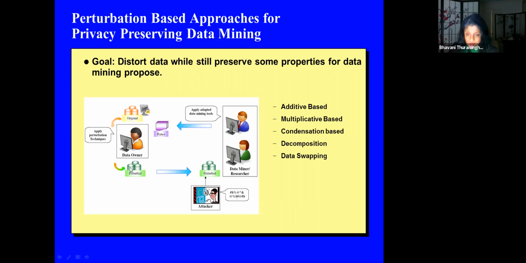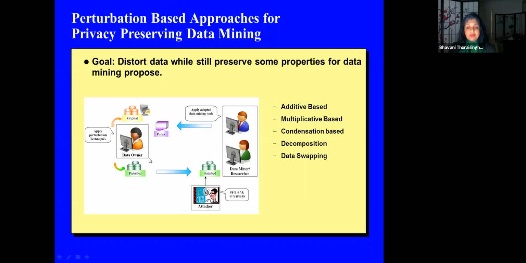The data is perturbed, and then you have the attackers trying to attack, right? You have the perturbed data, but it could be even more malicious. And then these are the data mining researchers, applying adapted data mining tools. And then these are the patterns, right? So this is a kind of repeated process.